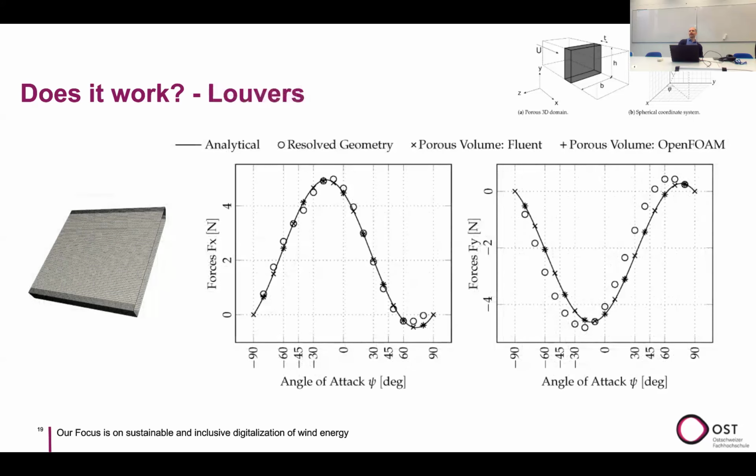This is the case for louvers, the same thing. Interesting that both analytically and in the practical case, there was a reversal of sign of force. So if the angle of attack is very high on these louvers, the force actually changes direction.